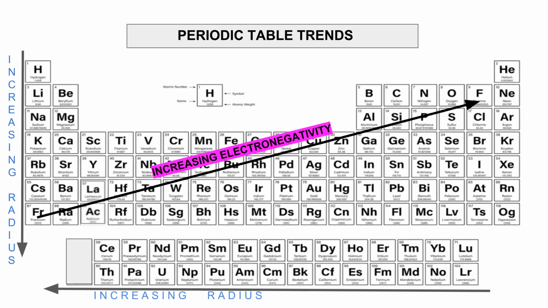So we have increasing electronegativity, basically how negative an element can be. Oxygen and fluorine up there are the most negative elements there are, because they just want to keep on absorbing electrons.